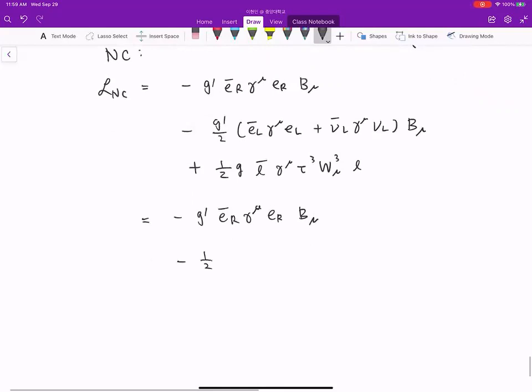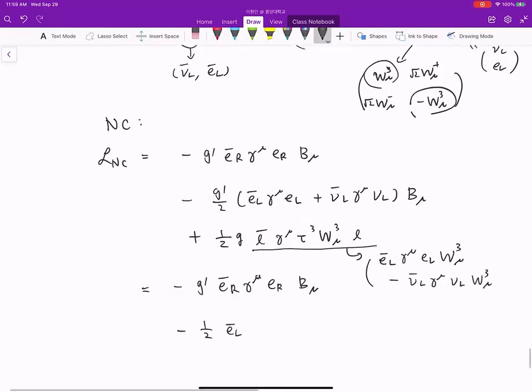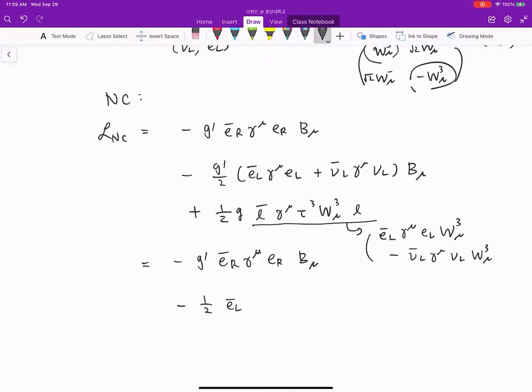From this second term, we also have the left-handed electron part.